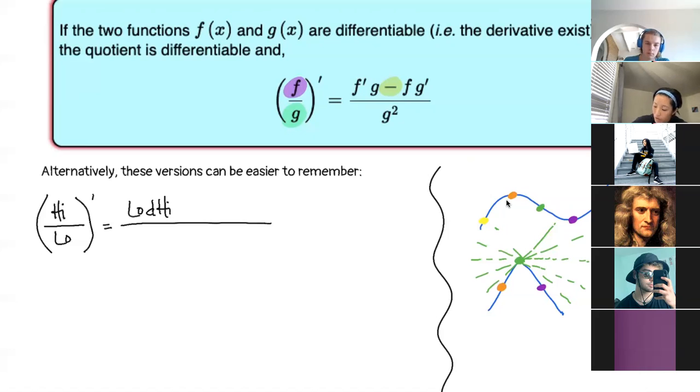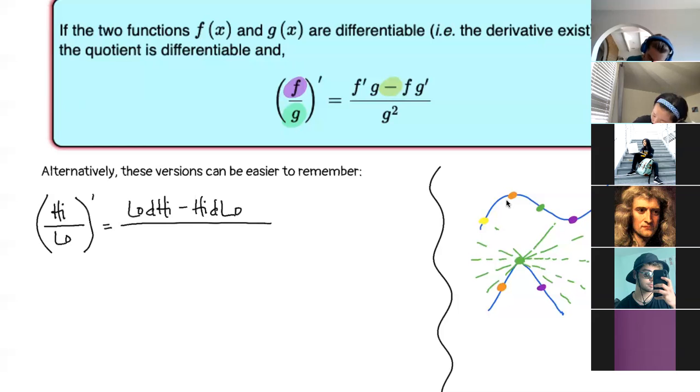The lower function, which is our g, times d high, the derivative of the top function, minus f is high, so high. And how do I write g prime using these letters? High d low. Okay, so low d high minus high d low already sounds much more friendly than f prime g minus f g prime.